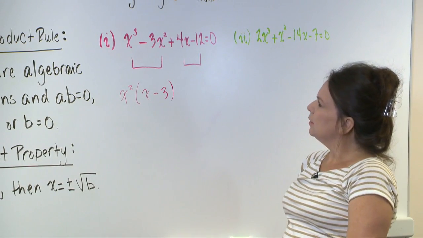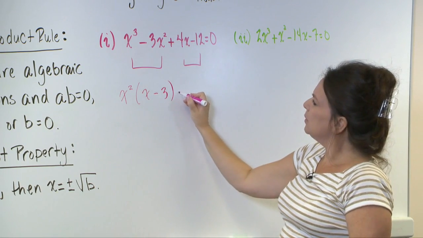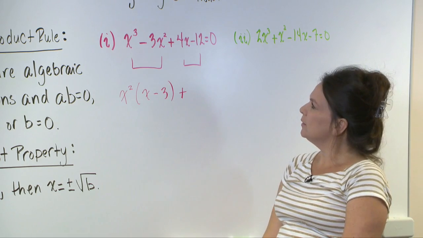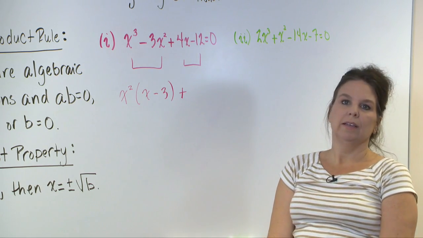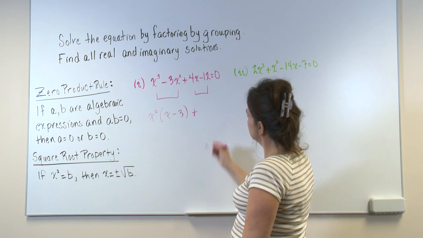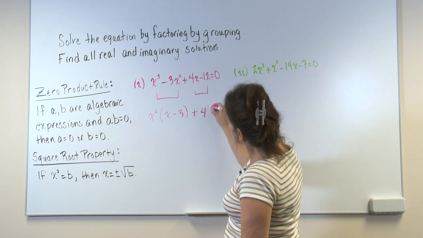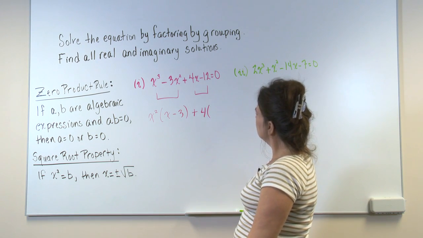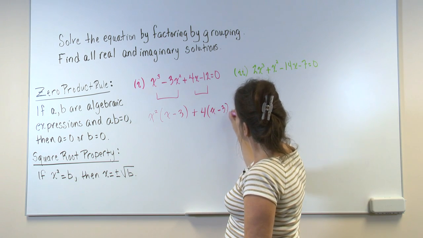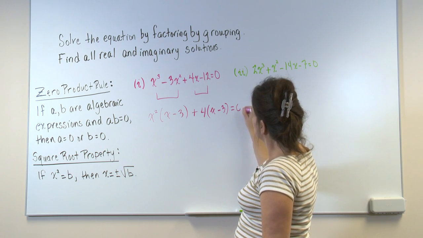I'm going to bring down the plus sign in the middle, and now I'm going to look at the second two terms, 4x minus 12. I'm going to factor out the greatest common factor from those two terms, which is a 4. If I do that, I'm left with x minus 3 as well, is equal to 0.